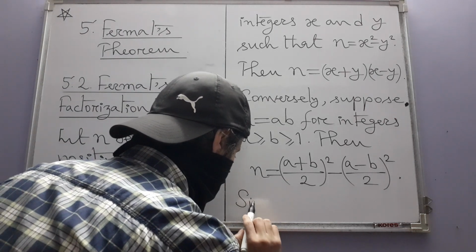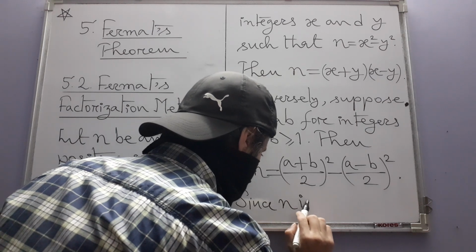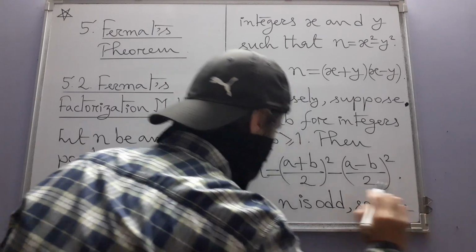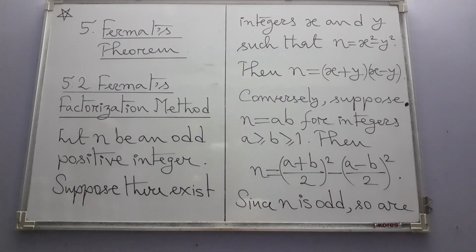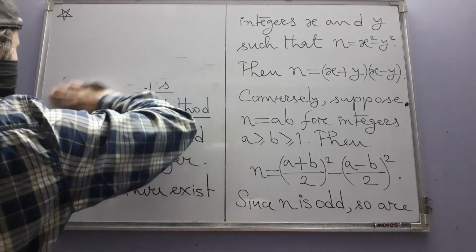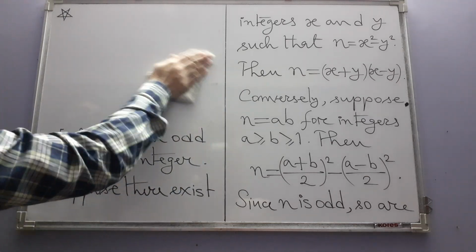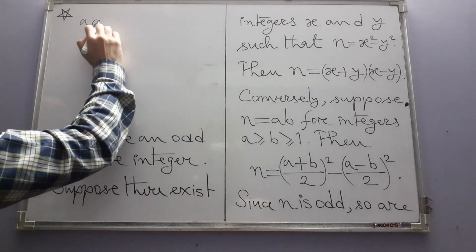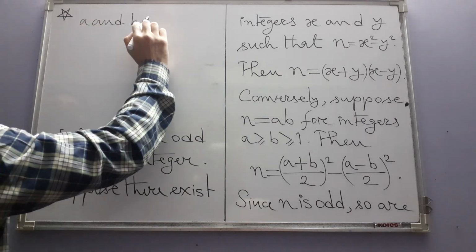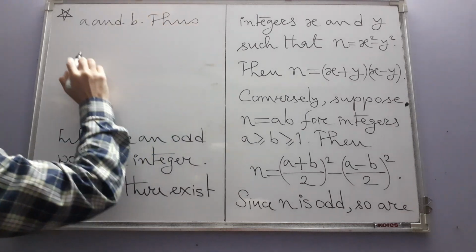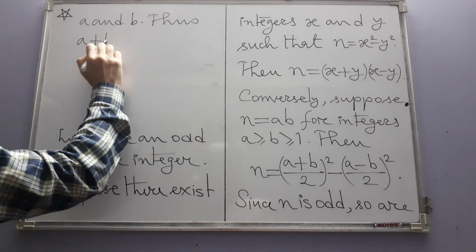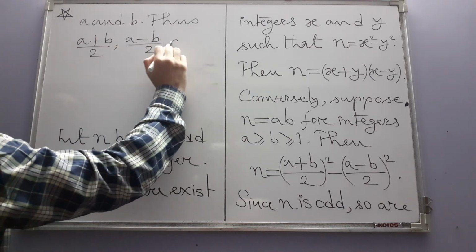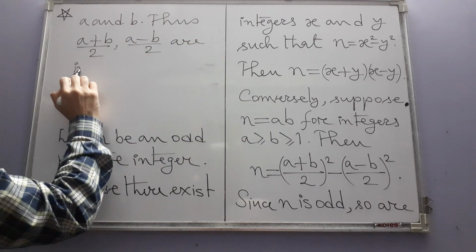Since n is odd, so are A and B. Thus, this and this are integers.